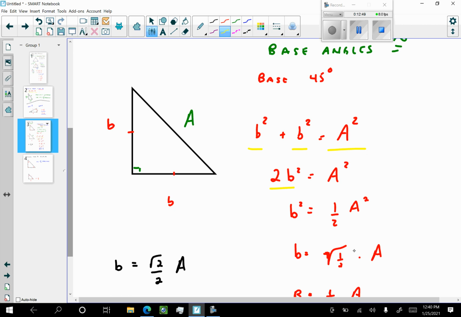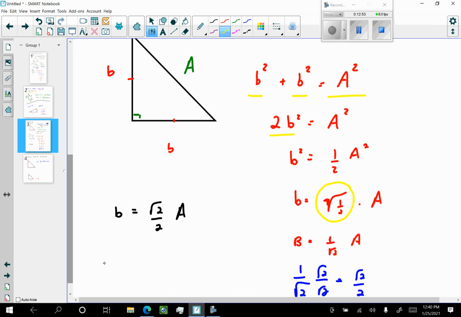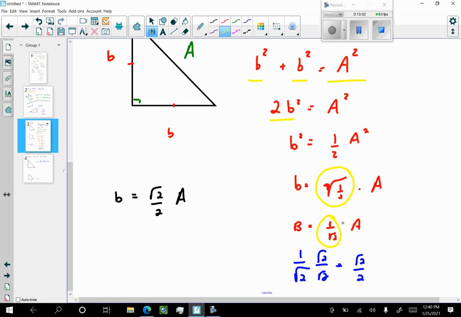Now, this guy right here is a funky thing. The square root of 1/2 is the square root of 1 over square root of 2. And I don't like square roots on the bottom, so look what I'm going to do. I'm going to take 1 over square root of 2 and change the way it looks by getting that square root of 2 out of the bottom. How do I do that? I'm going to multiply by this dude right here. Who is this guy?